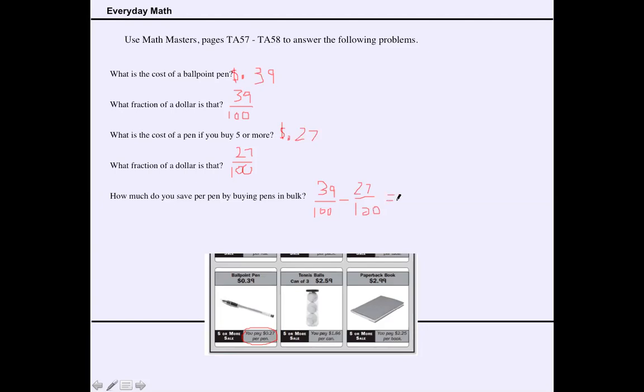And I'm going to get 12. 39 minus 27 is 12 hundredths. And then I say, okay, but how much money is that? I know that 12 100ths is 12 cents out of 100 cents that make up a dollar. So I am saving 12 cents per pen when I buy in bulk.